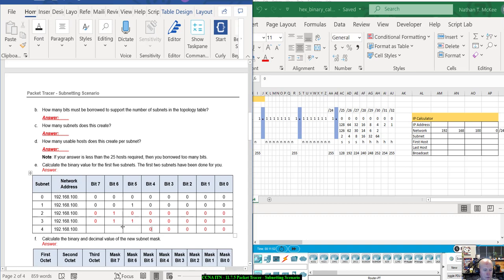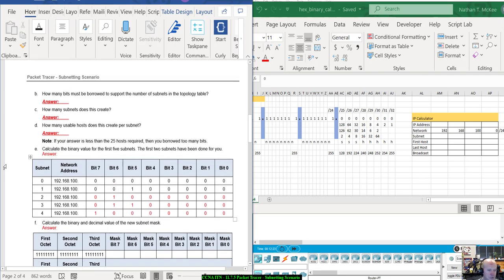Then I move this one there, so it would be 1, 0, 0. I believe it did that right. So out of these subnets, 0, 1, 2, 3, 4. It's hard for me to visualize how that works, but I understand how it works.